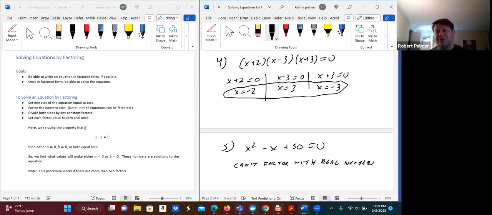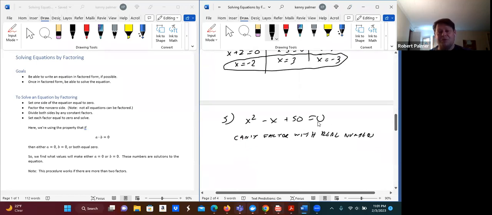It might be possible to factor with complex numbers using i, but you can't factor this with real numbers. So in that case, you have to solve it some other way. Since this is a quadratic equation, for example, you just use the quadratic formula. So just remember that not everything can be factored. Best thing to do is just solve with the quadratic formula.